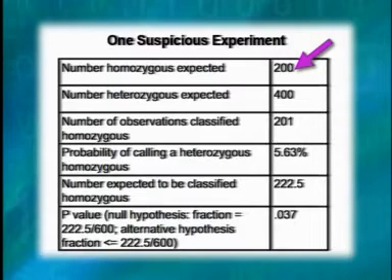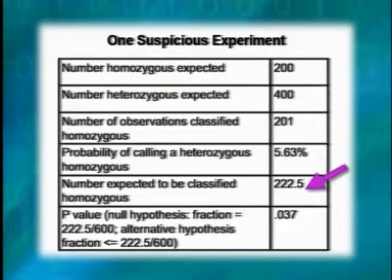The effect of this is that when Mendel reported an experiment, and this is a specific example of one experiment of many, the reported number, 201, is very close to the quasi-expectation of 200. But you see that it's rather distant from what should have been expected, including the falsely classified heterozygous plants that should have been classified as homozygous using that method.